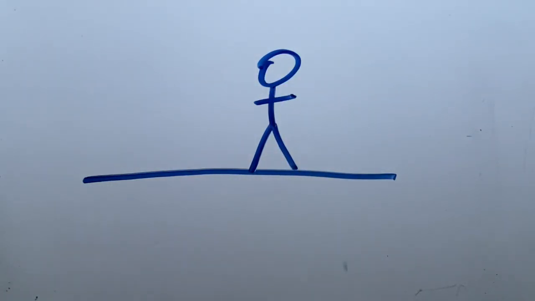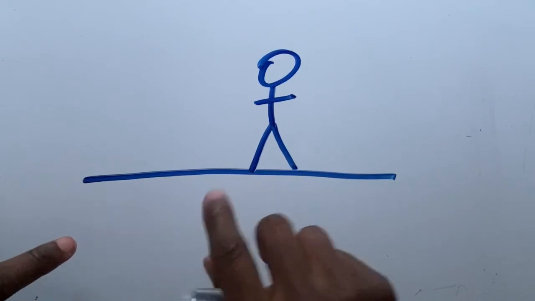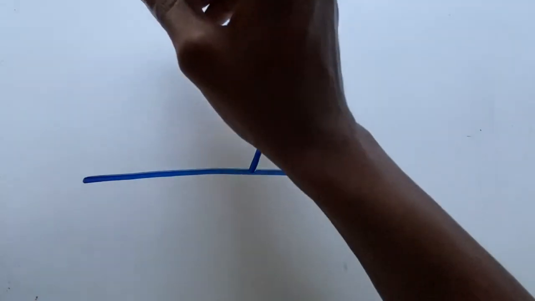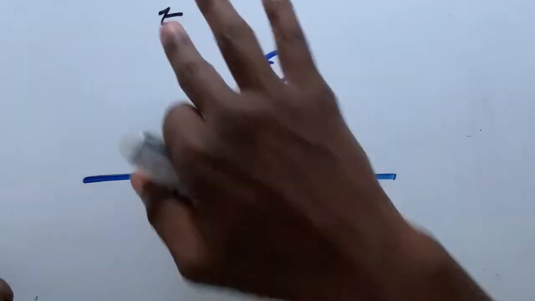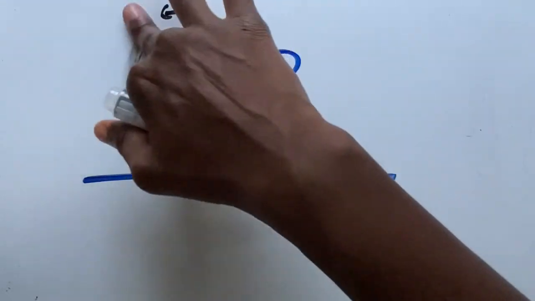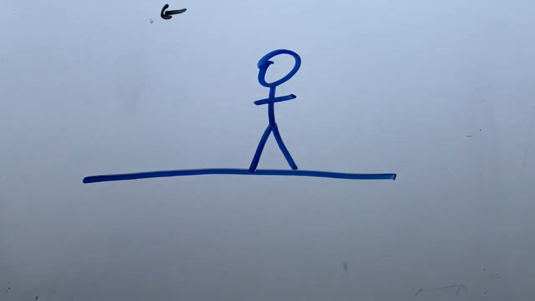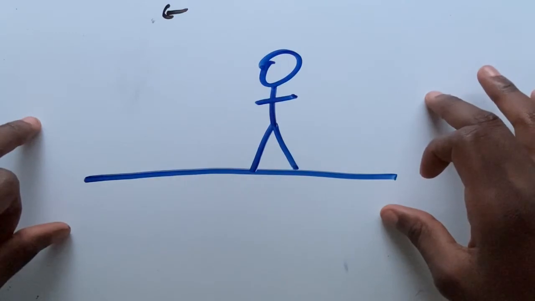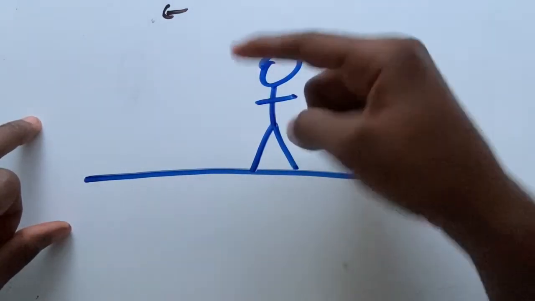And let's say you're standing on this ice and you want to go that way. So you want to go towards the left.